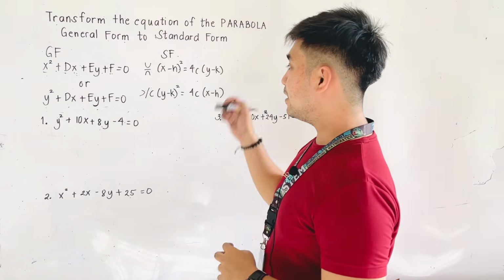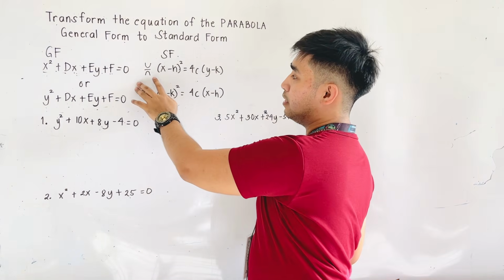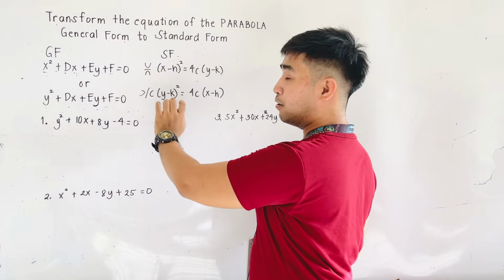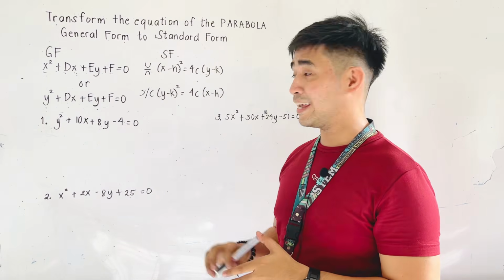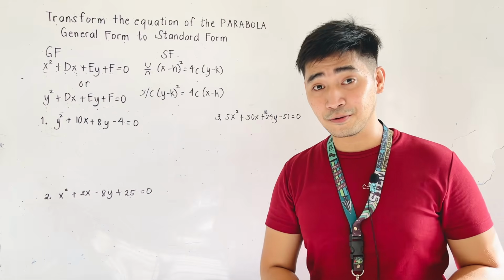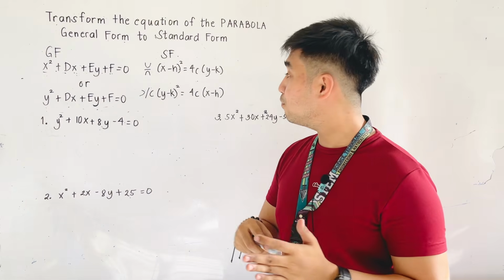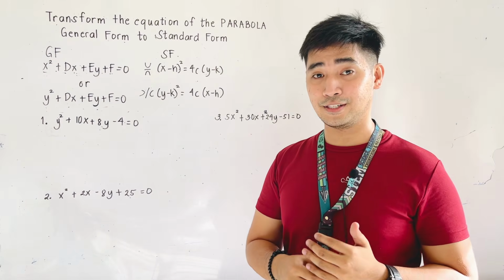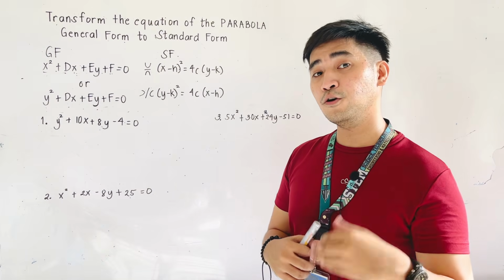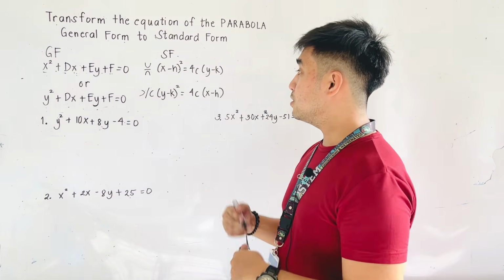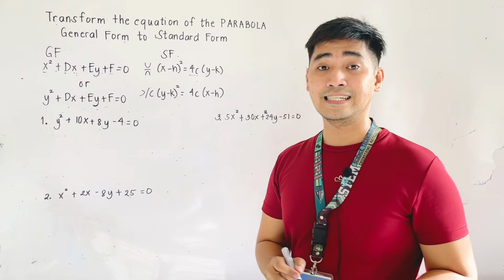And for the standard form, if the parabola is opening up or down, the standard form is given by x minus h quantity squared is equal to 4c times the quantity y minus k. We will know the opening of the parabola using the sign of the right side.